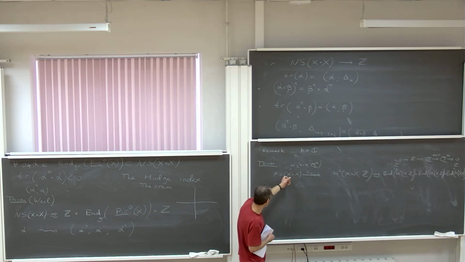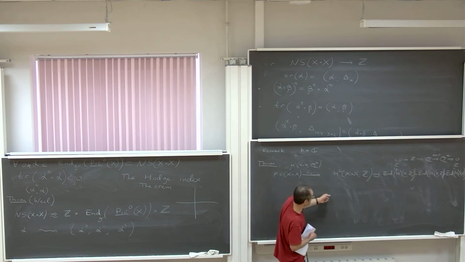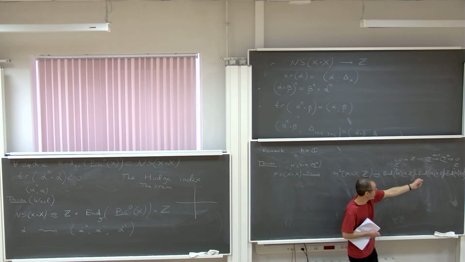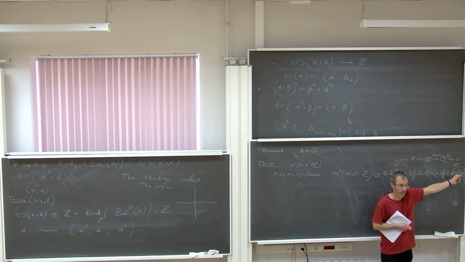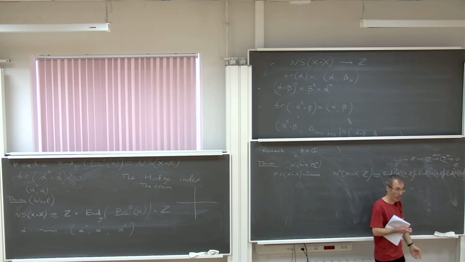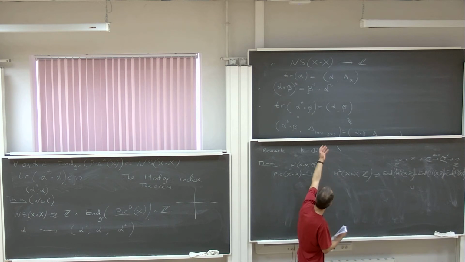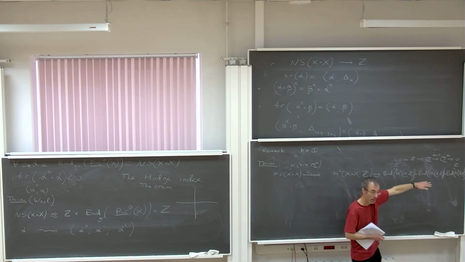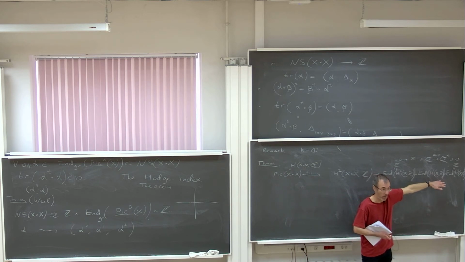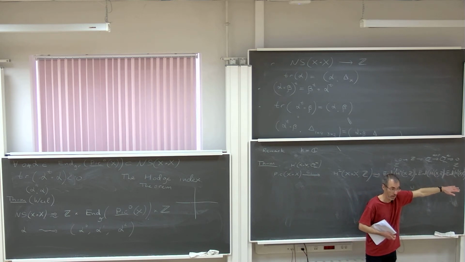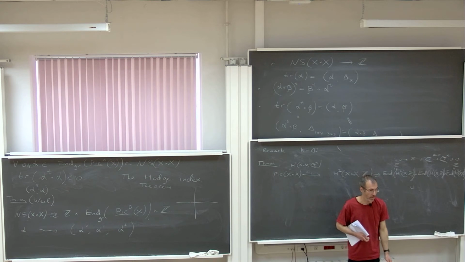If you take a map from X to X, then under this composition, it goes to the induced map on homology. Every map F from X to X gives you a cycle, the graph of F. On the other hand, it gives you an endomorphism of H0, H1, and H2. So what are the properties of this endomorphism?